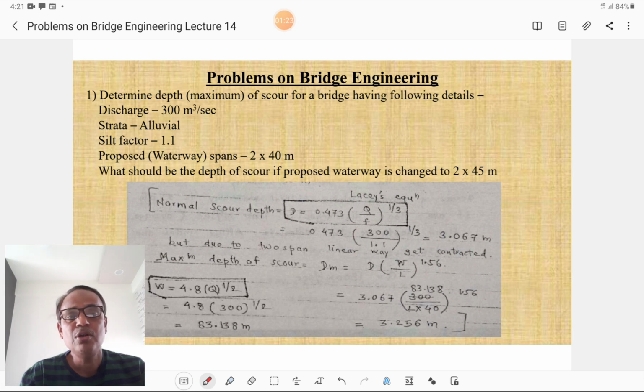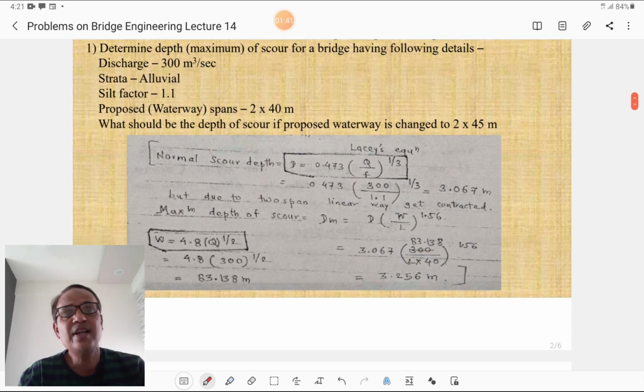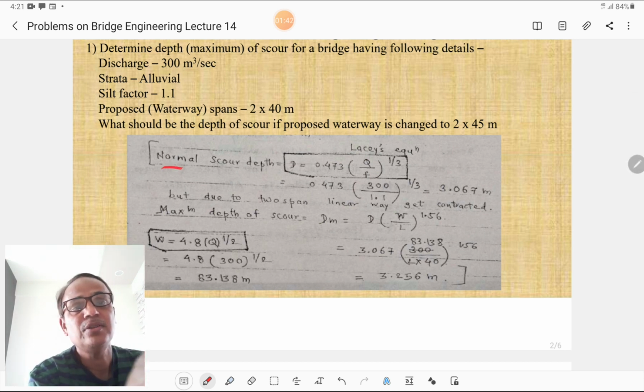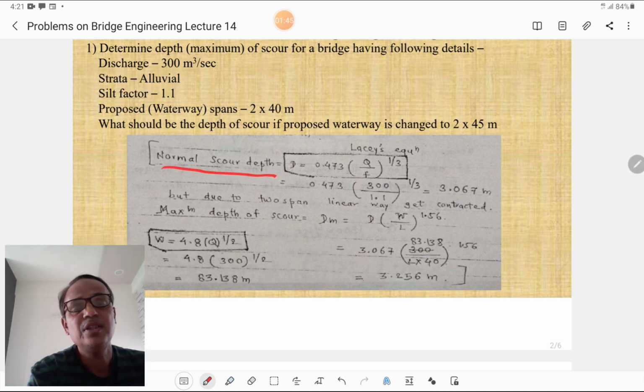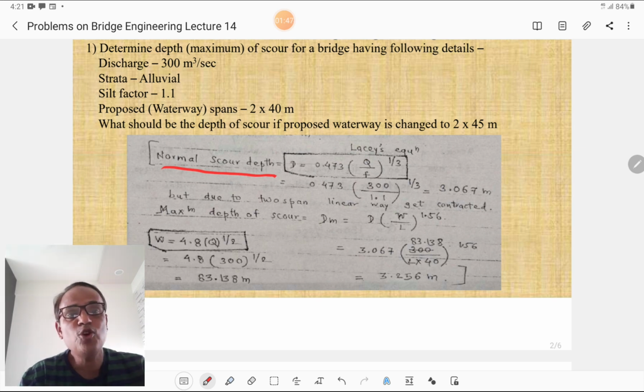By reading the problem, you must know that we have to find out the maximum depth of scour in two situations. First is for the waterway 2 into 40 meter, and second for the situation where the waterway is 2 into 45 meter. So please look at this formula, that is normal scour depth, D is equal to 0.473 (Q by F) raised to 1 by 3. This is Lacey's equation.